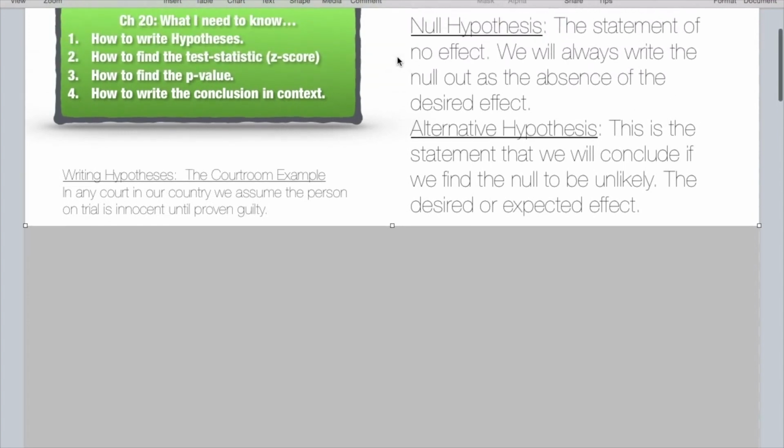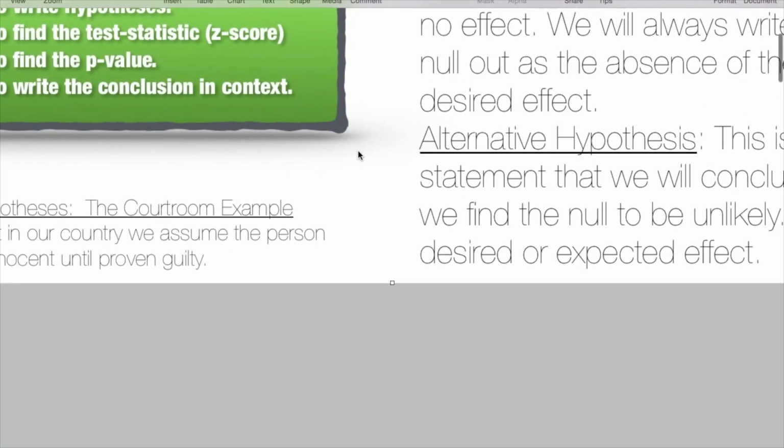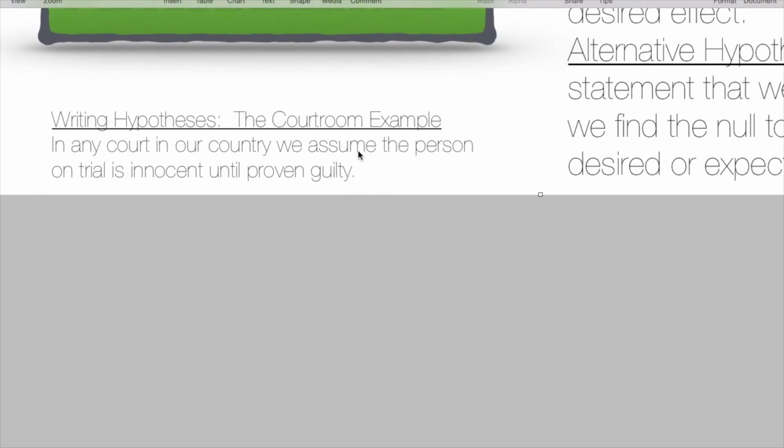And so with that said, your book does a really good job of talking about the courtroom and how the courtroom has a really interesting and relatable way of talking about null and alternative hypotheses. In any courtroom in this country, if you walked into the courtroom, if you are on trial, then you will be assumed innocent, right?